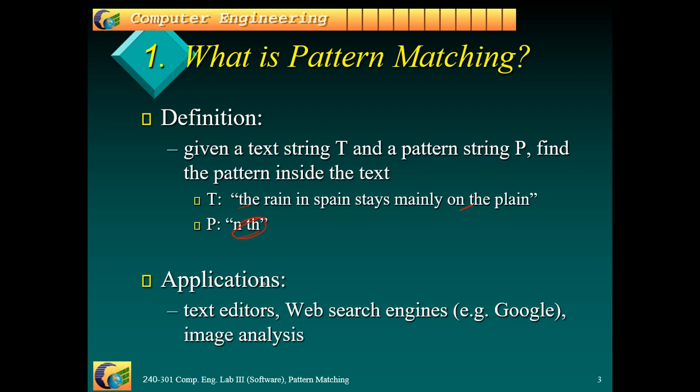And what are the applications of pattern matching? Text editors. In text editors, how do you search with the help of Control F? You'll get a pop-up window where you can type your keyword or a pattern which you are looking for, because your MS Word file could be 100 pages or 200 pages, but you want to search for a particular word out of it.